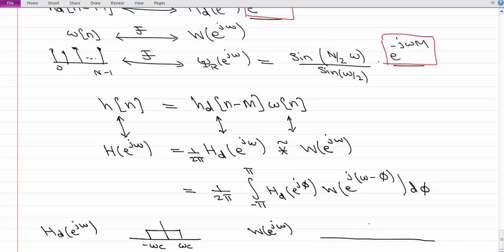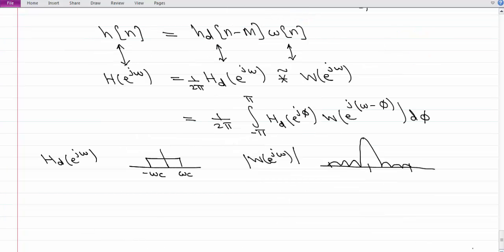It has the sine over sine property. So if I just compute the absolute value, it takes this form. So now what you are doing is you are going to convolve periodically, which means you just take one period. So this is minus pi to pi. Okay. So you are going to have a periodic convolution of the two.